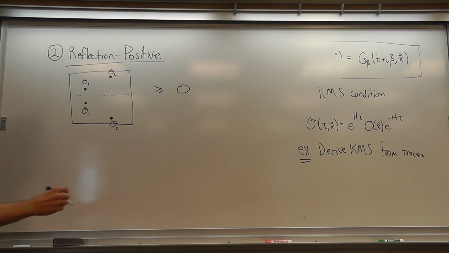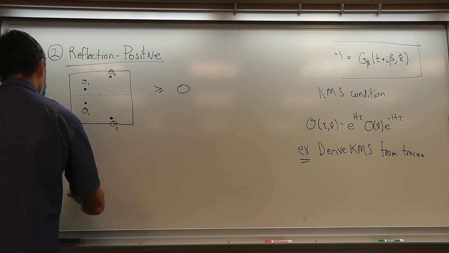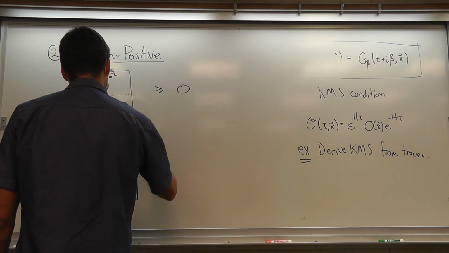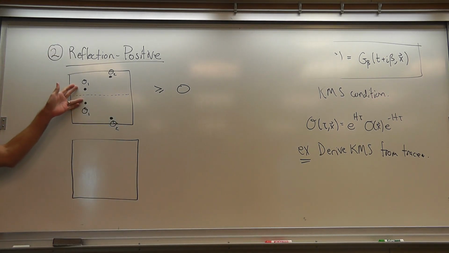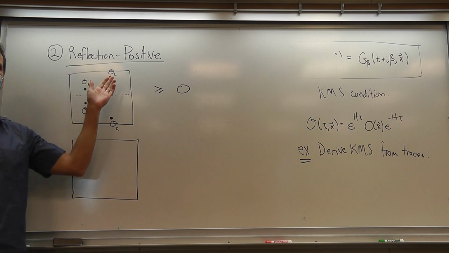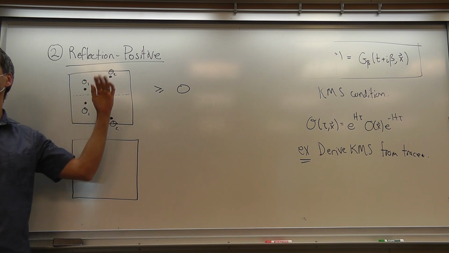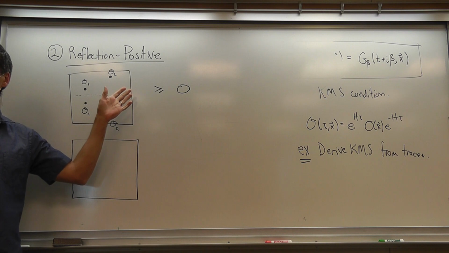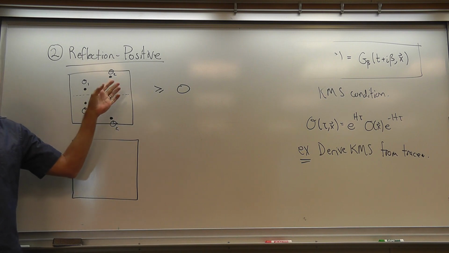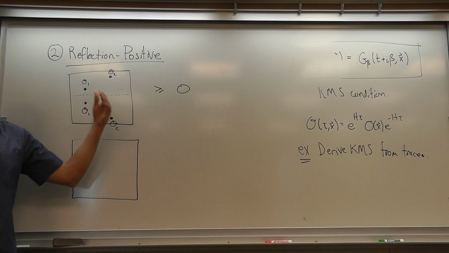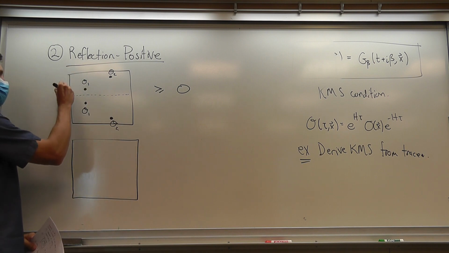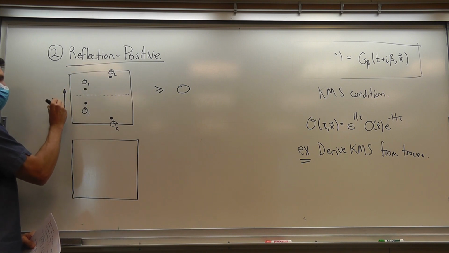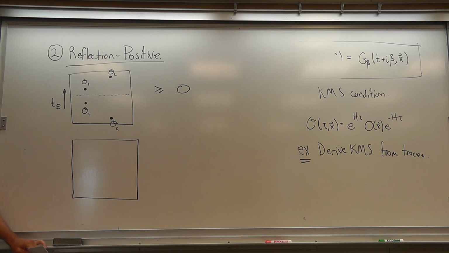A very useful thing to keep in mind is that, first, one way you can think about this is that it's symmetric under reflecting in Euclidean time. Okay, because these are Euclidean correlation functions. If it's symmetric under reflecting in Euclidean time, then it's positive. So this direction here you can think of as the Euclidean time direction.